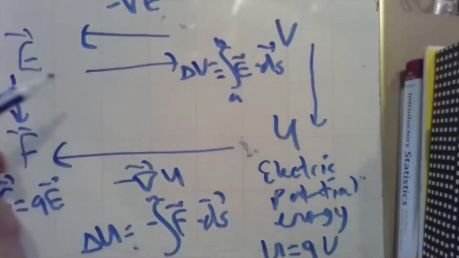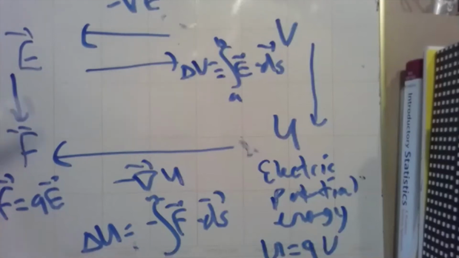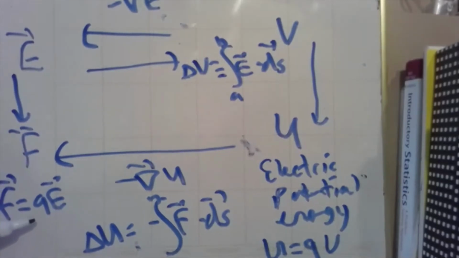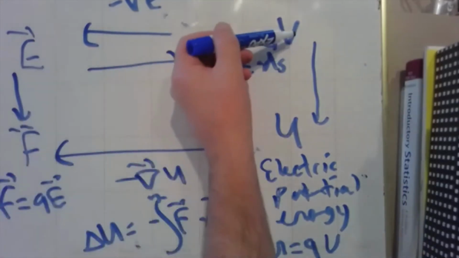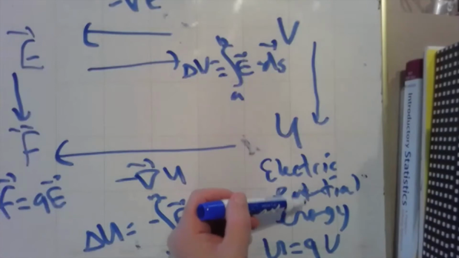From that, take the gradient and calculate the electric field, multiply by Q to get my electric force field, do a line integral through that vector field and calculate the work. That sounds like a lot of stuff. Or I could just take V times Q and be done.